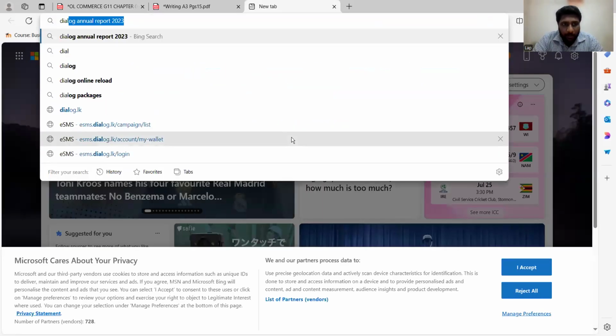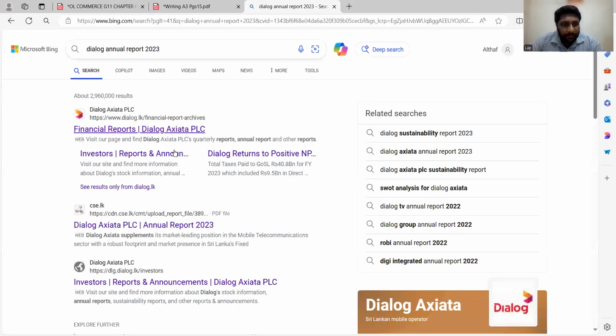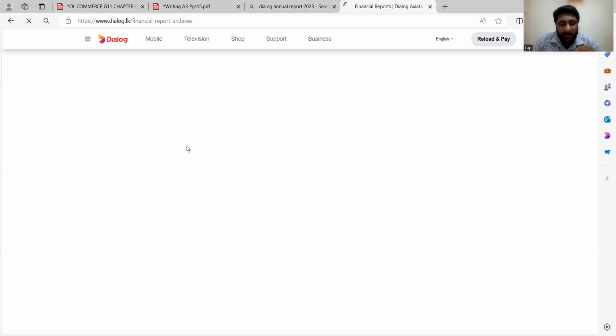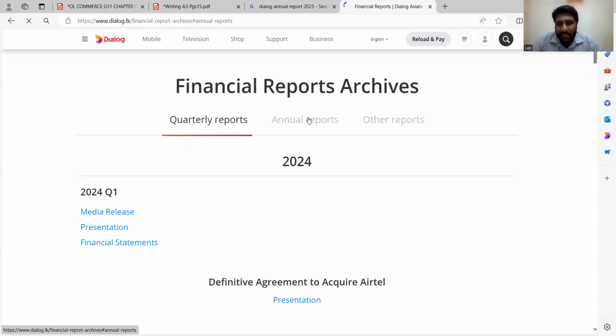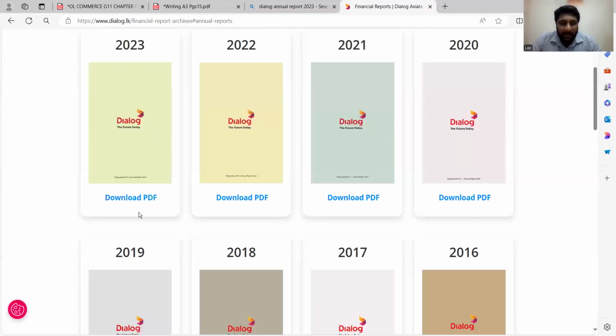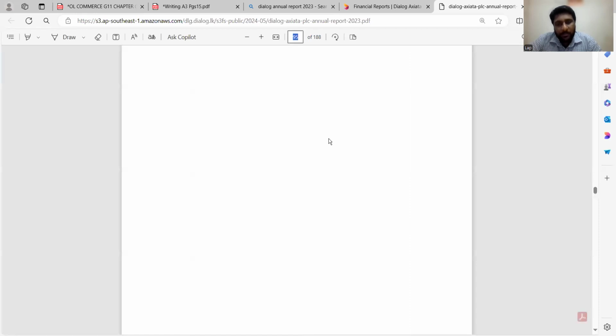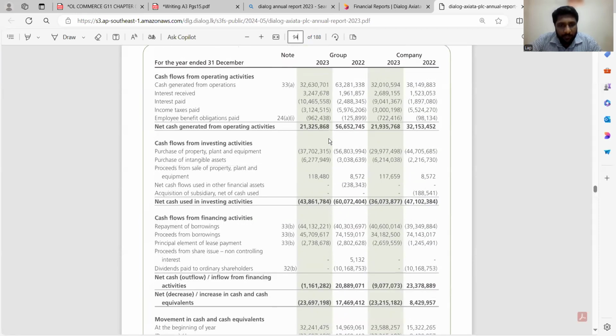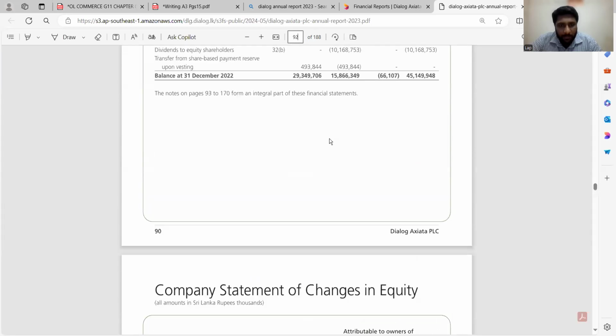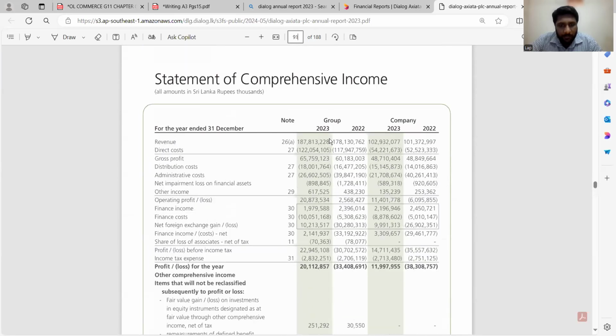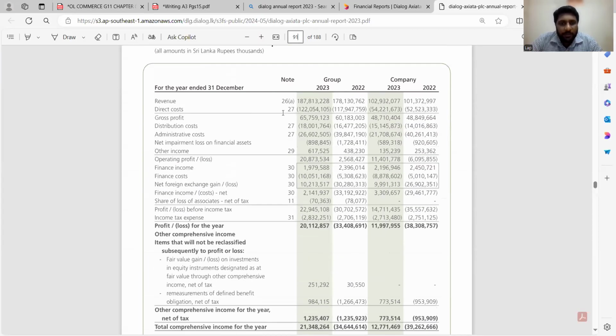Dialogue, annual report. In companies they do prepare income statements, but the terms are little different. Later on you will be studying comprehensive income කියලා තමයි කියන්නේ අපි. Here, this is the income statement of Dialogue.